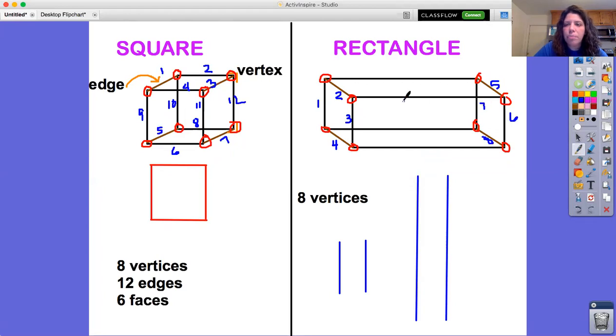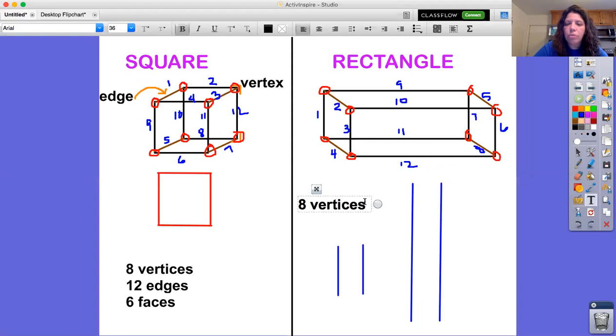And now I'm just going to do the middle ones. 9, 10, 11, 12. So there you go. Again, I now have 12 edges. And like before, I'm also going to have 6 faces. 4 rectangular faces, 2 square faces.